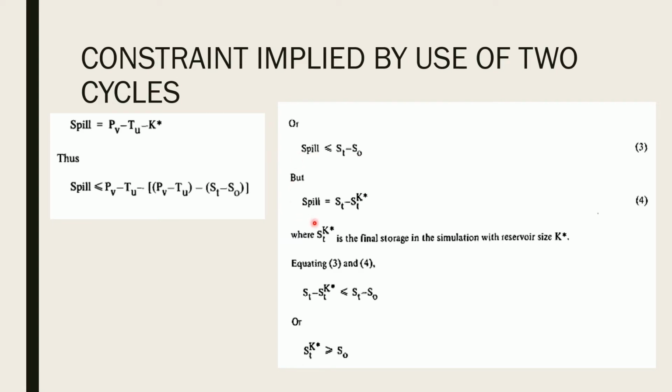But spill is equal to St minus St to the power of K, where St to the power of K is the final storage in the simulation with reservoir size K. So, equating formulas 3 and 4, we have St minus St to the power of K should be less than St minus So. So we have St to the power of K should be greater than So.